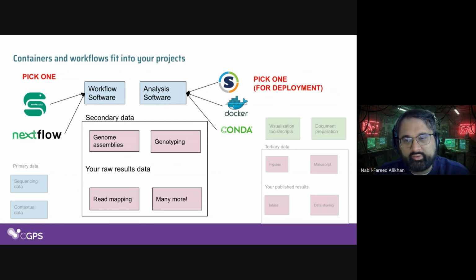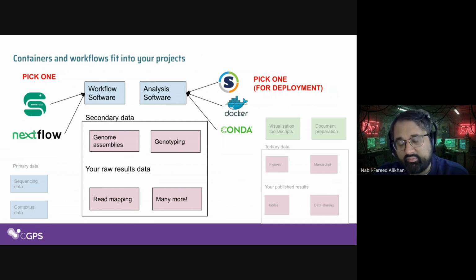And then what you're stitching together is a bunch of analysis software. So these are different tools that produce different outputs, and you will install them or deliver them to your system with different ways of managing those packages. One of those is Conda. Have a look at Conda if you don't know anything about it.